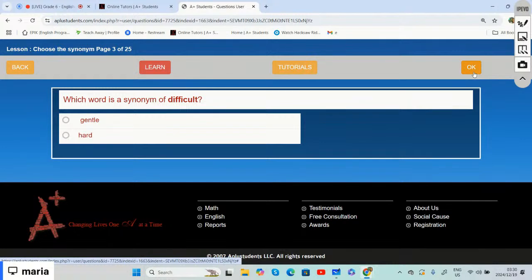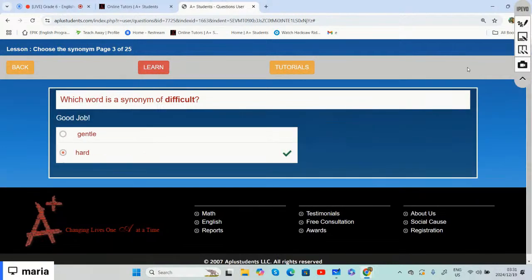All right, and if we were to choose the correct option, then yes, something is difficult. Let's say a test or the Rubik's Cube or a game is difficult. The same word as difficult is hard. So well done. Hard is correct.